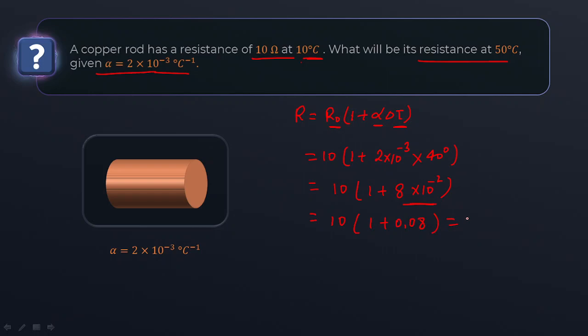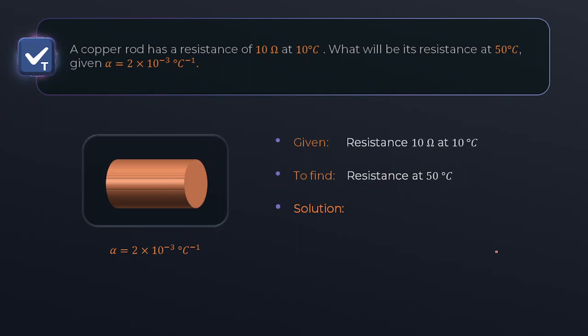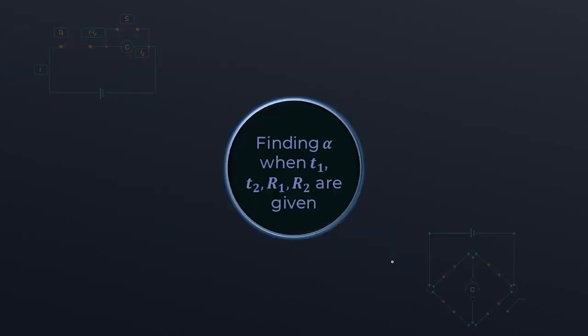So from here we have 10 into 1 plus 0.08, which is 10 into 1.08. If you multiply with 10, this will be 10.8 ohm. That will be our answer. Simple, easy, right? We just have to put the values in the formula and we can find R, that is 10.8 ohm.